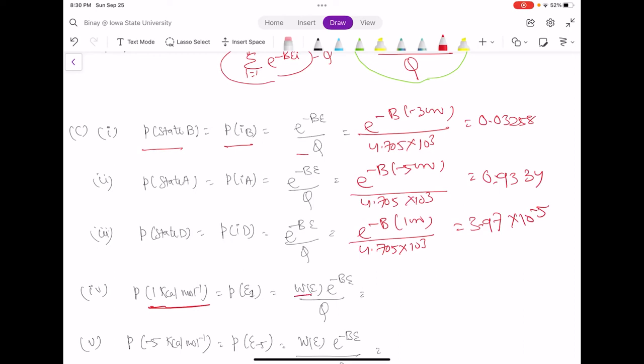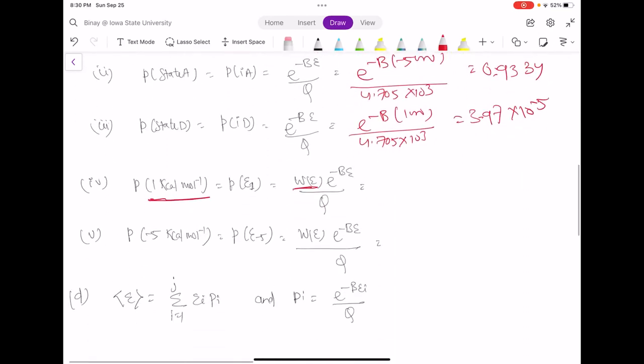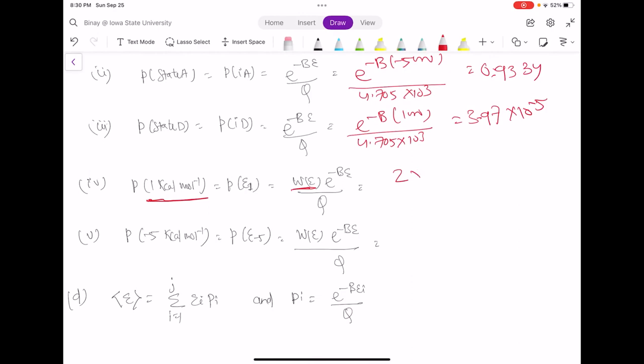W is the number of microstates, and for 1 there are 2 microstates, so I write 2 times e to the power minus beta times 1000 divided by 4.705 times 10 to the power 3, which is equal to 7.95 times 10 to the power minus 5.